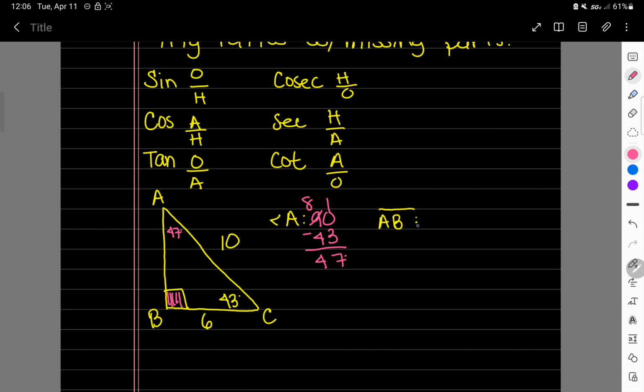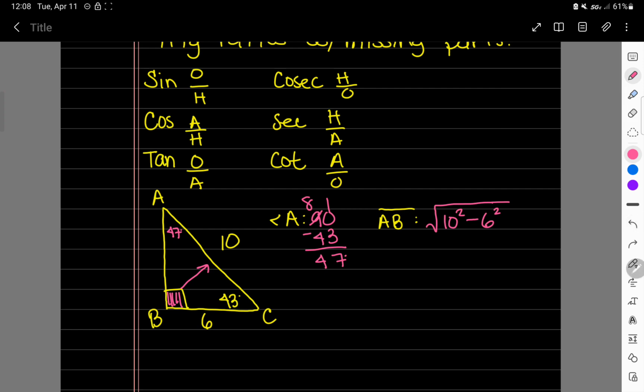And then our missing side, we have the C side. Since we have the C side, which is the one across the 90-degree box, we're going to do the square root of 10 squared minus 6 squared, because we have C side. If we were missing the C side, we would add these two numbers, but we have C, which is 10.